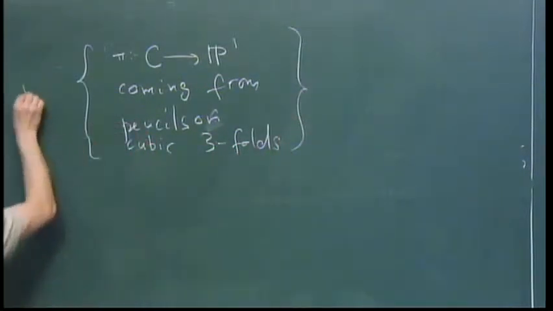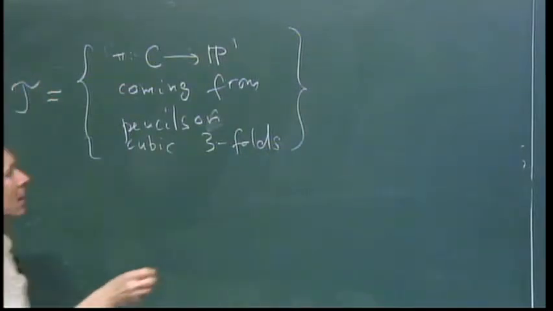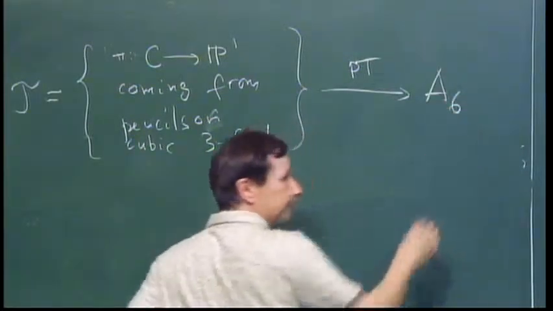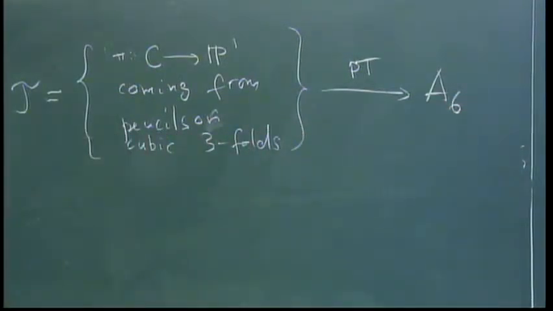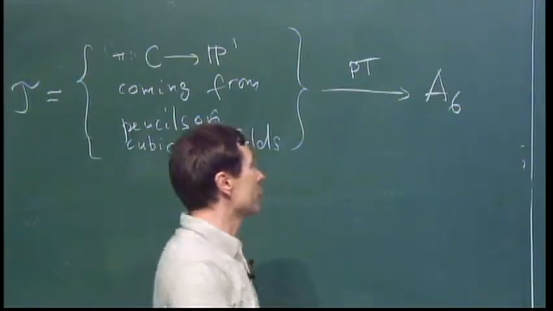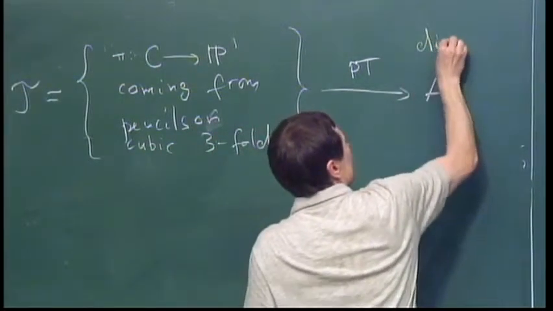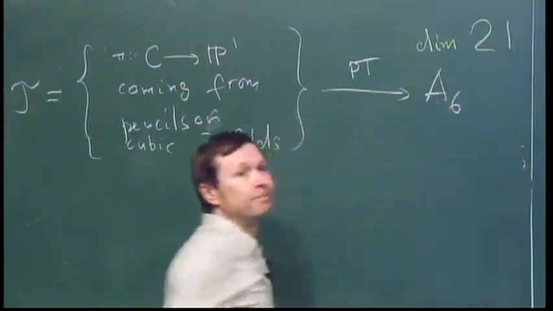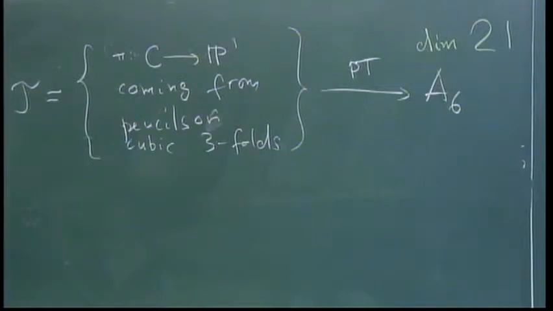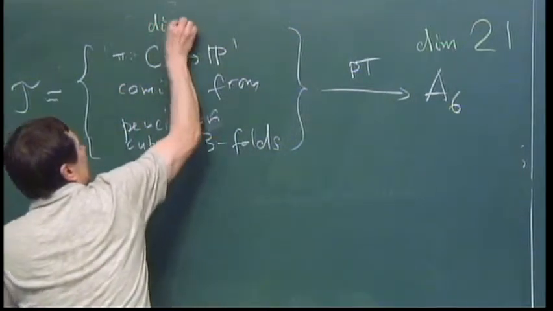Let's call this space T. And we have a Prym-Tyurin map to A6. Now, A6, by the formula, has dimension 21. These pencils on cubic 3-folds are, of course, very easy to compute. You know how many cubic 3-folds you have, and you add a pencil. This has dimension 16.